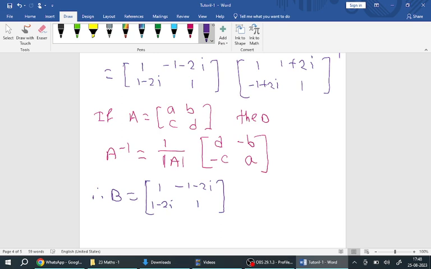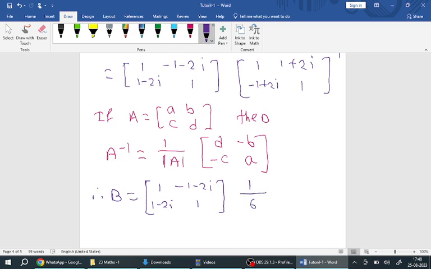Check how you get the determinant: A into D, 1 into 1 is 1, minus BC, and here again the same formula, that is A square minus B square. What is A square? 2i square minus 1, which means minus 4 minus 1, minus 5. But 1 upon AD minus BC, that is 1 plus 5, becomes 1 by 6.